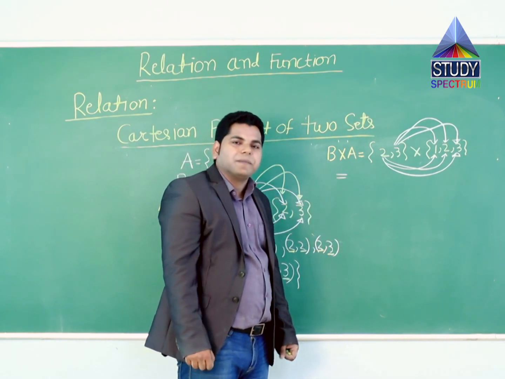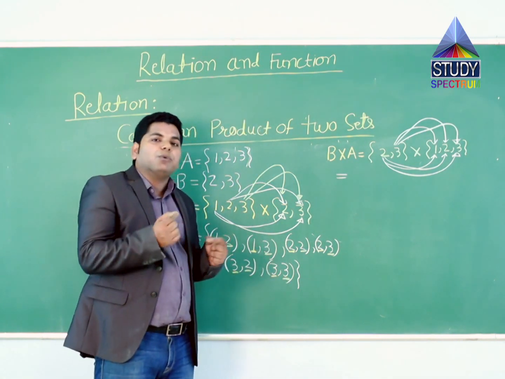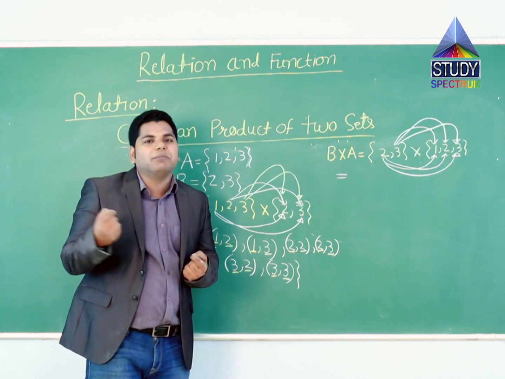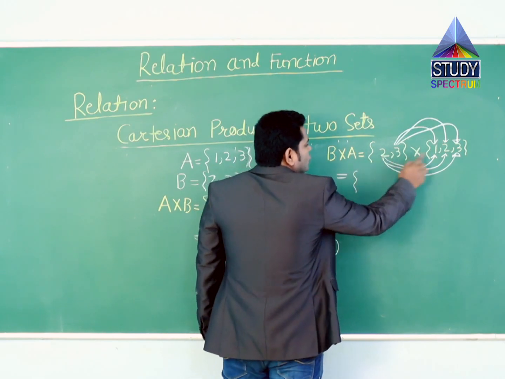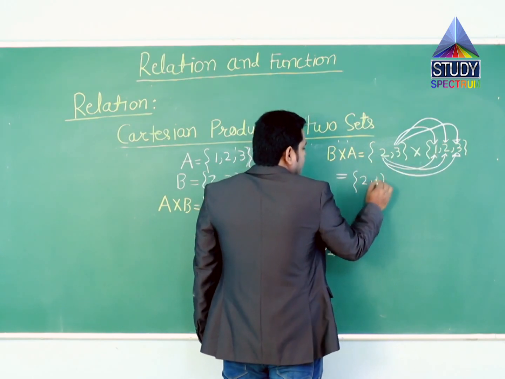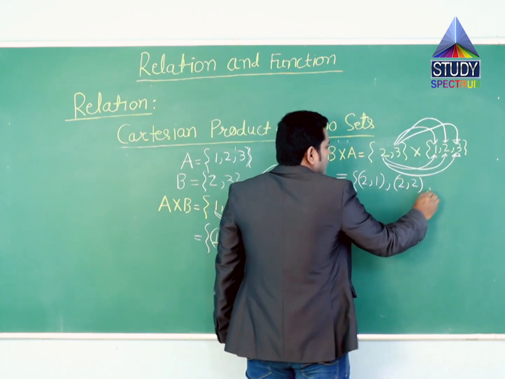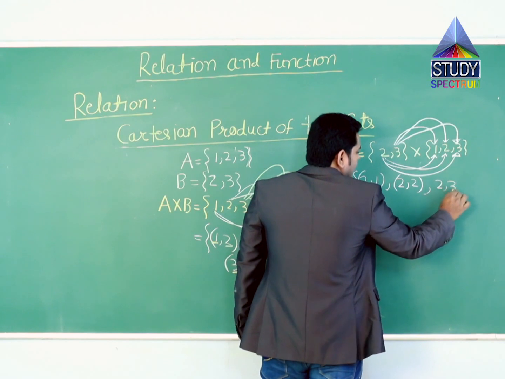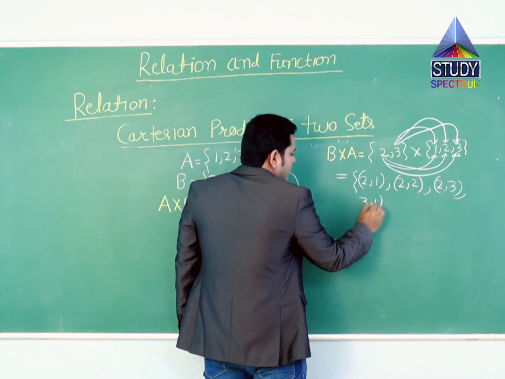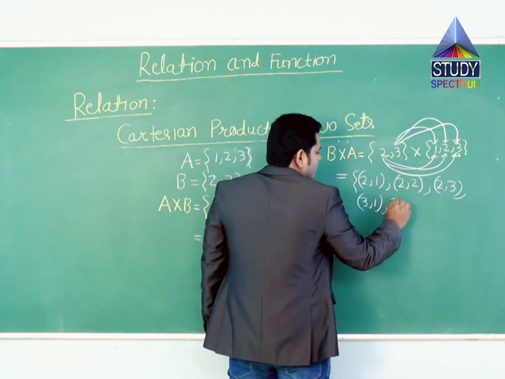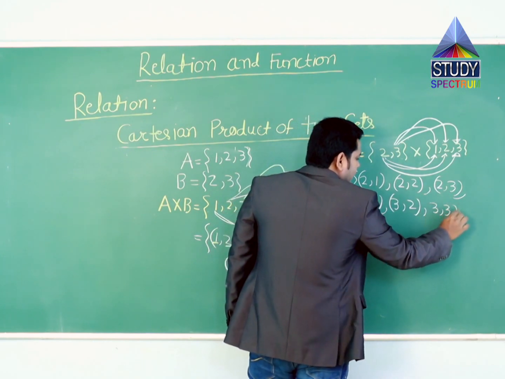Again, I'm repeating one important concept: both sets should be non-empty. So we write (2, 1), (2, 2), (2, 3), (3, 1), (3, 2), (3, 3).